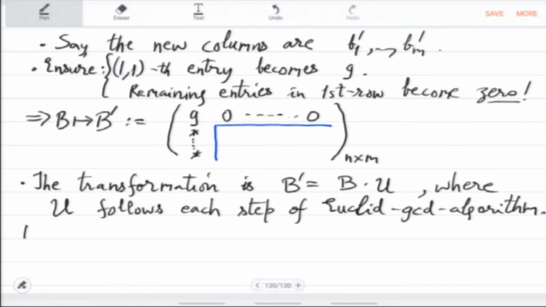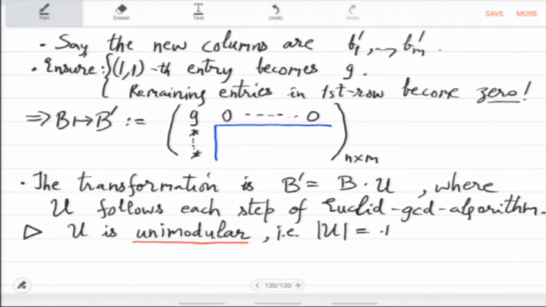So the claim is that U is unimodular. What is unimodular? That the determinant is plus minus 1. That is, the determinant of U is plus or minus 1, which means that its inverse, U inverse, is integral.